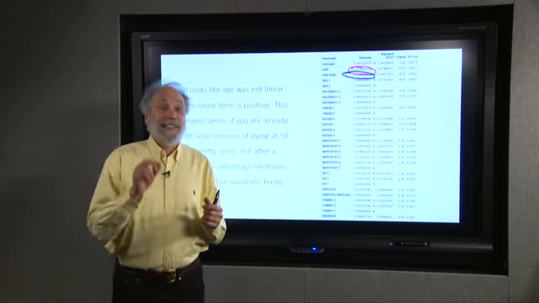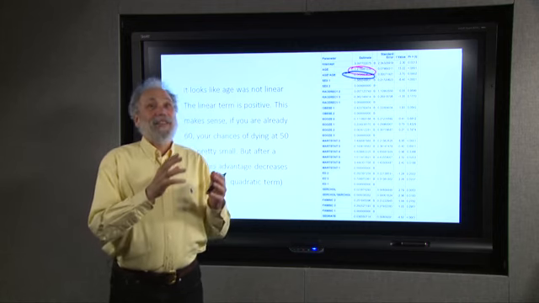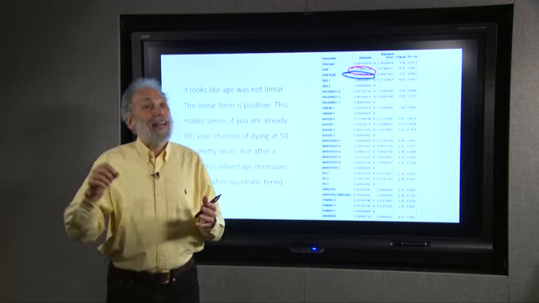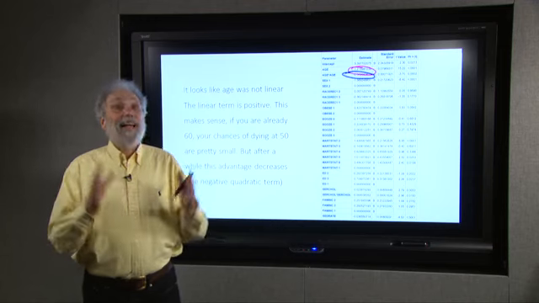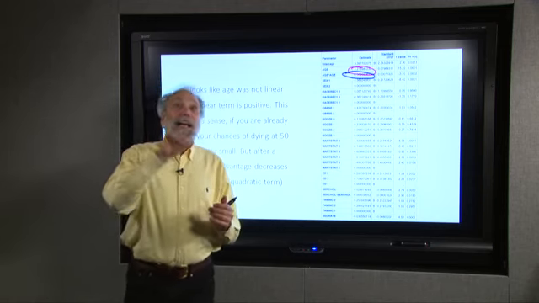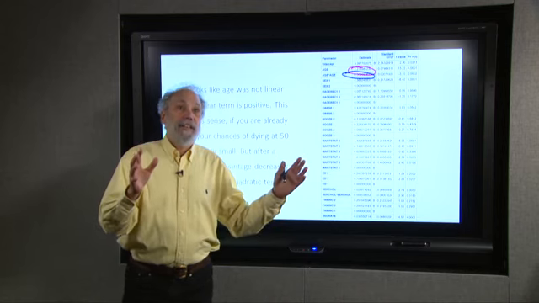But eventually, right, if you enter at 85, you're probably not going to live that much longer, alas. And so that effect starts to diminish, and that's what the negative sign for age squared tells us.